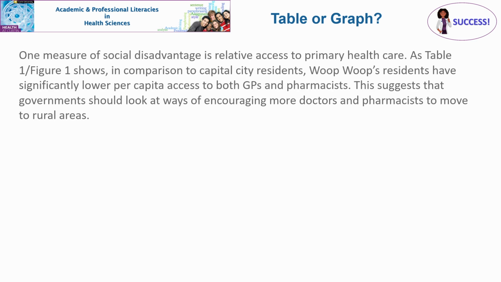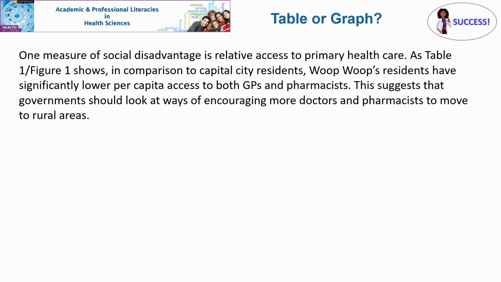Of course, you can present statistical information through a table or a graph, or both. But you have to make the decision as to which one is most appropriate. So here we have some information. One measure of social disadvantage is relative access to primary health care.